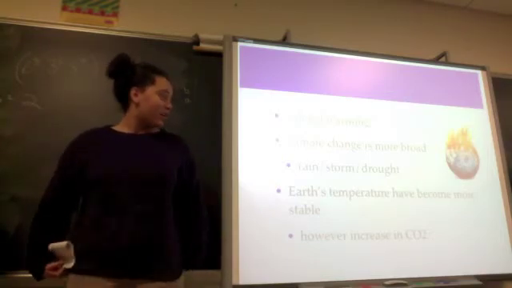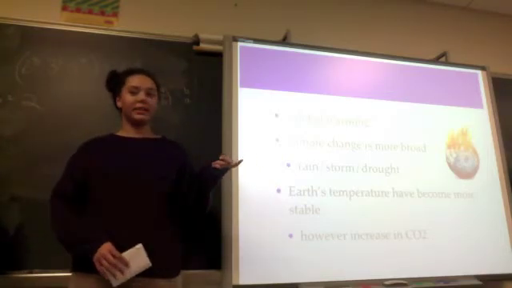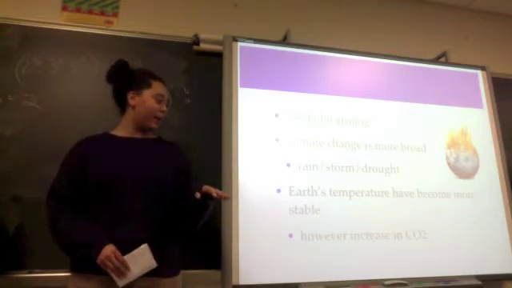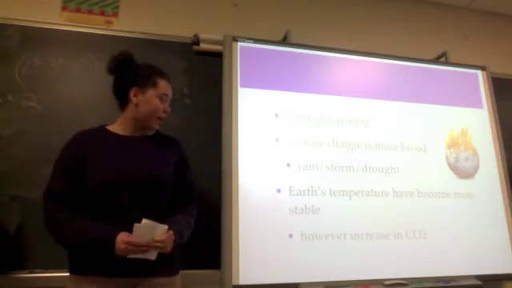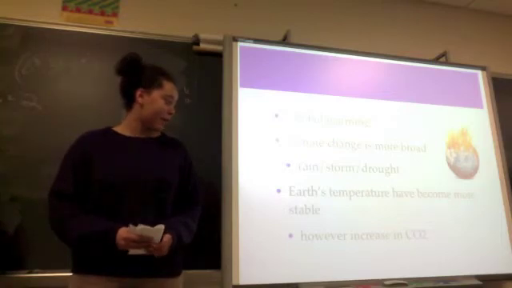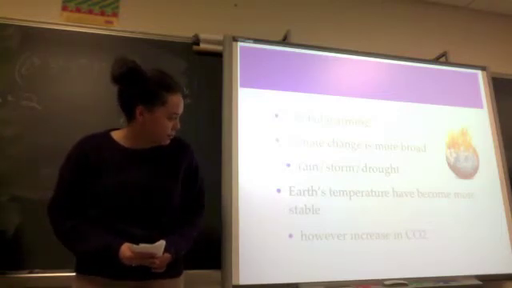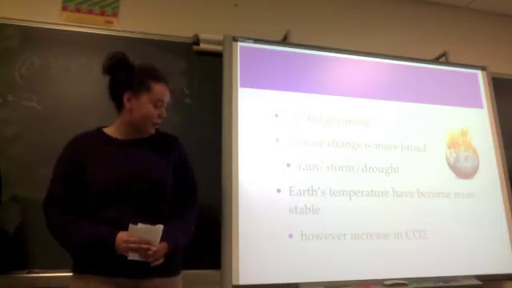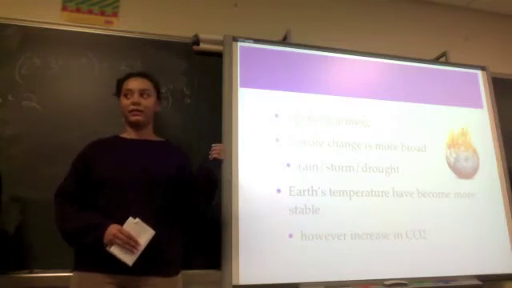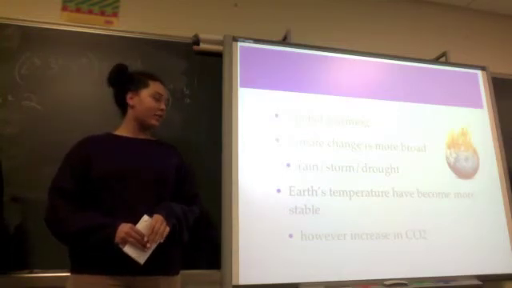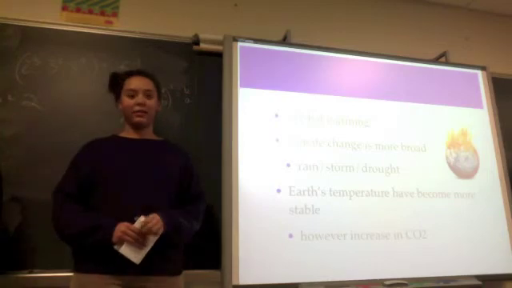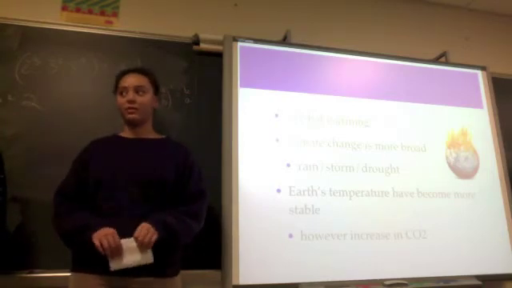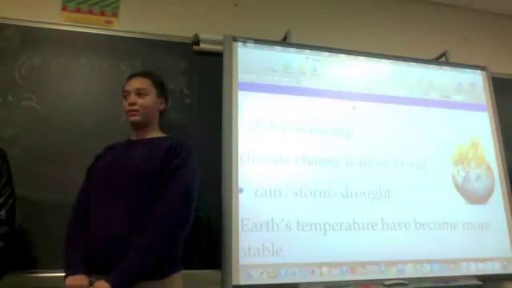And there are a lot of rainstorms and droughts in places that aren't used to them. And the Earth's temperature has become more stable. However, there's still the increase of CO2, and 75% of the CO2 in the atmosphere now is a result of industrialization. What was that percent?